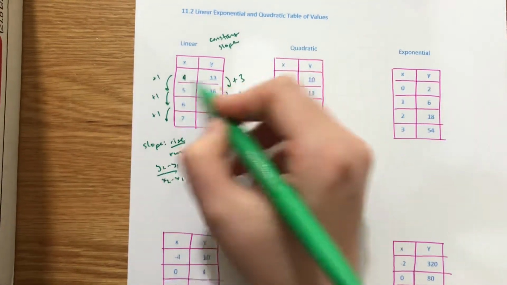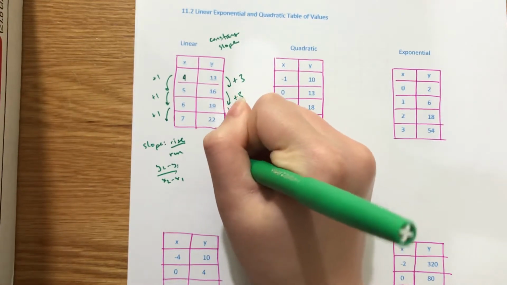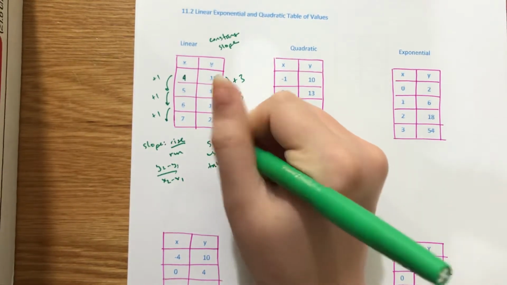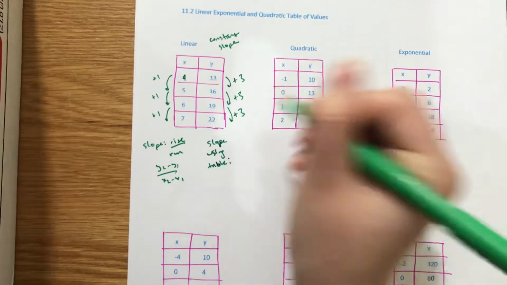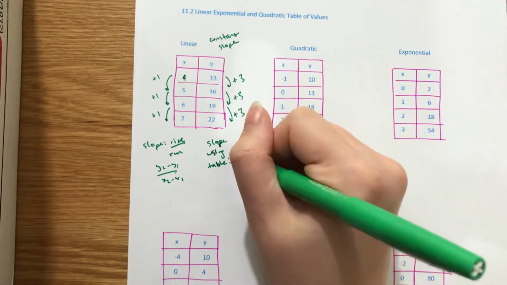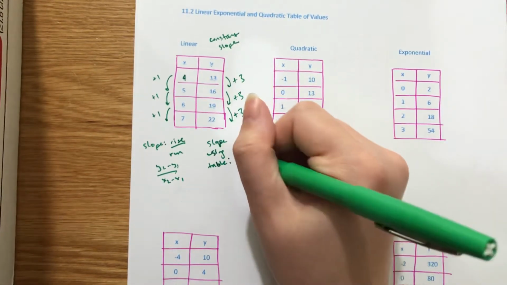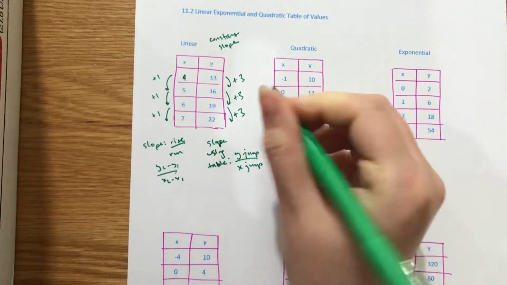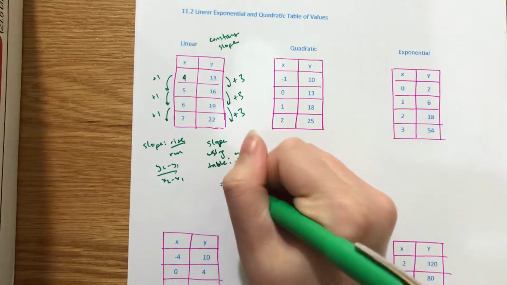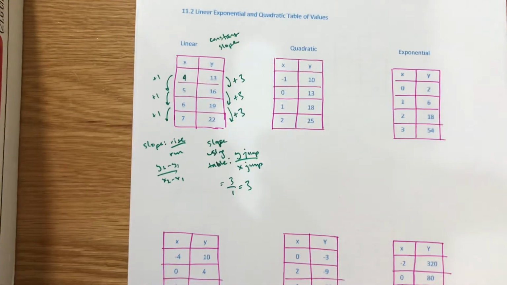So to find the slope using a table, you do the change in y over the change in x, the y jump over the x jump. In this case, the y jump is 3 over 1, which is just 3. So the slope for this linear function would be 3.